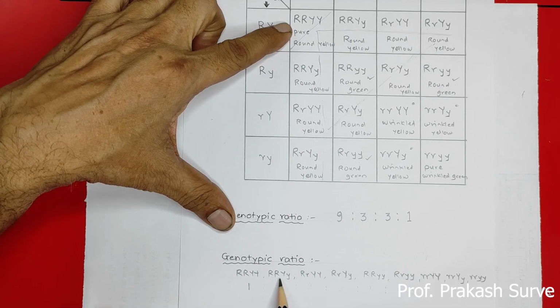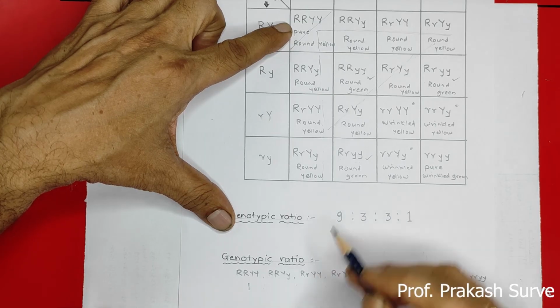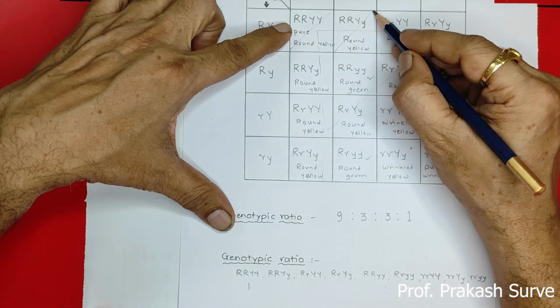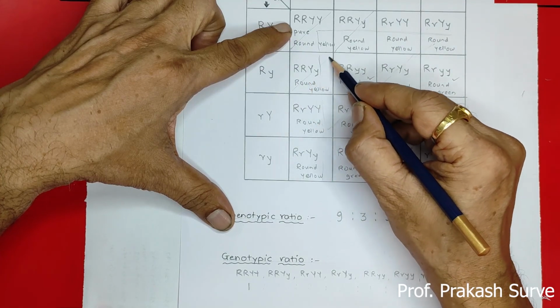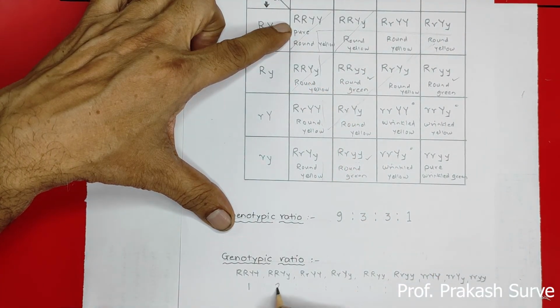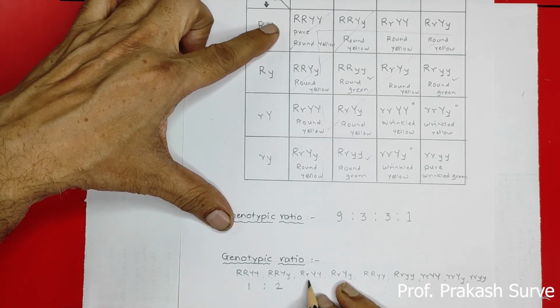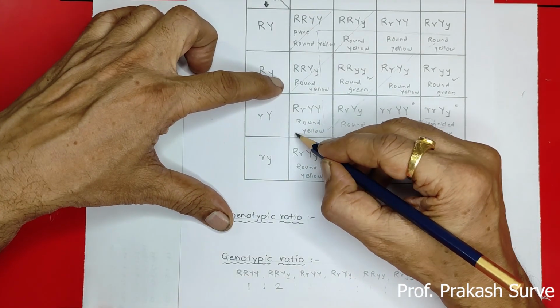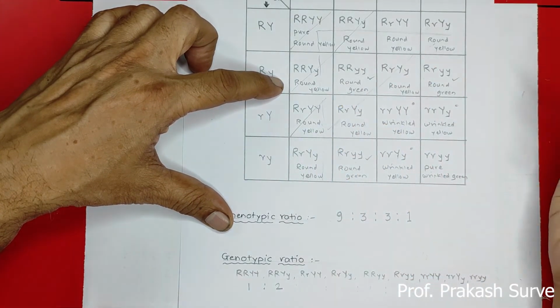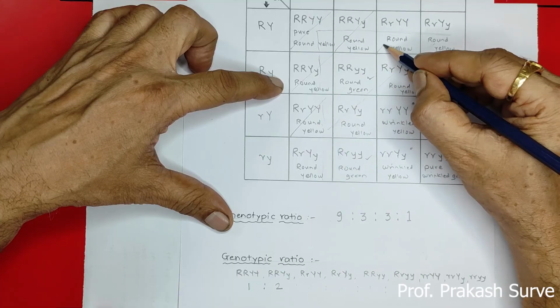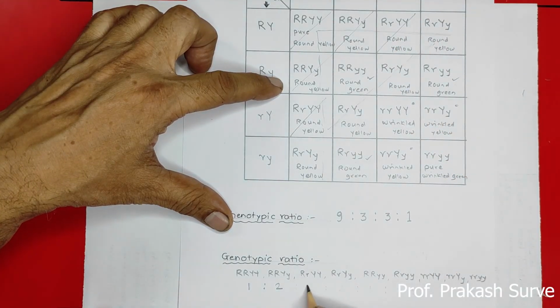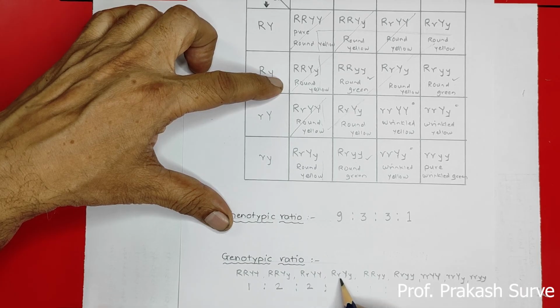Next, capital R, capital Y, small y. So this is 1 and this is a 2. Next, capital R, small r and capital Y, capital Y. This is 1 and this is another 1. So here again 2. The next is capital R, small r, capital Y, small y.